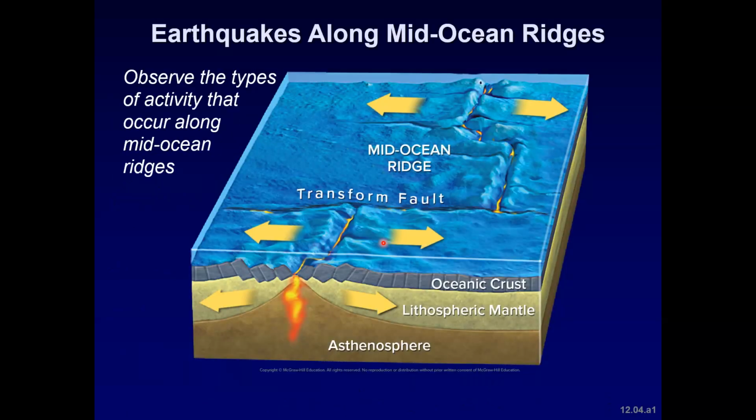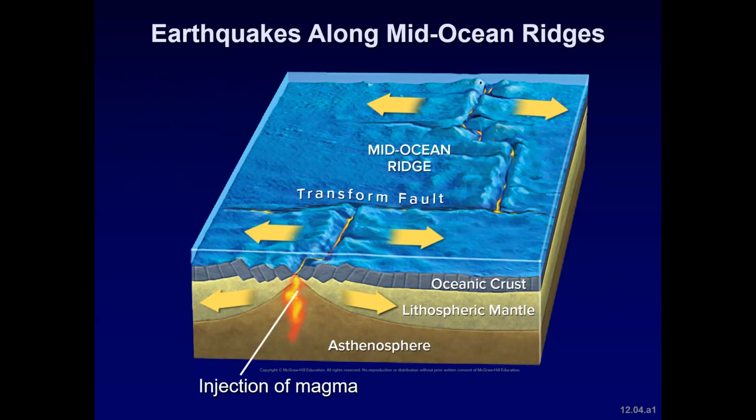All right, so earthquakes along mid-ocean ridges, we said those are relatively shallow. What we have here is an injection of magma. Magma intrusion beneath this area causes shallow earthquakes. You'll also get faulting near the rift.